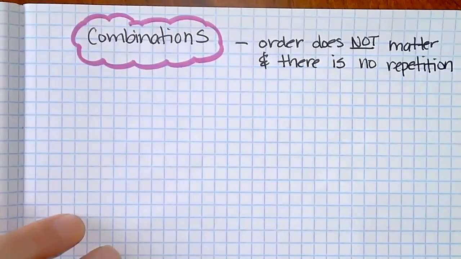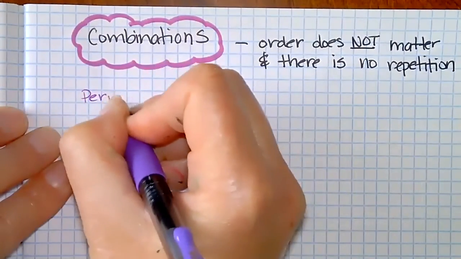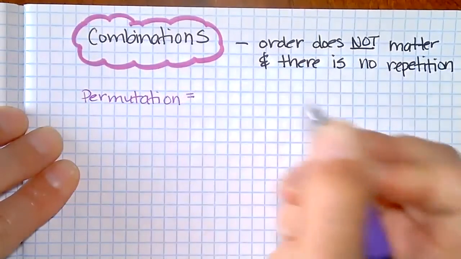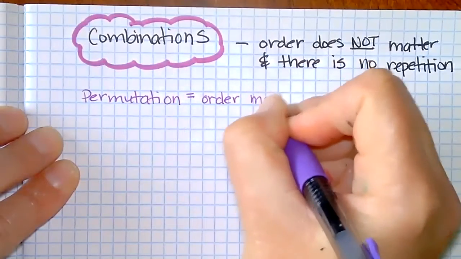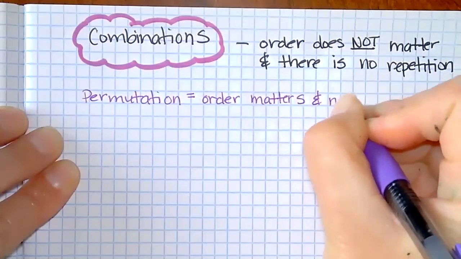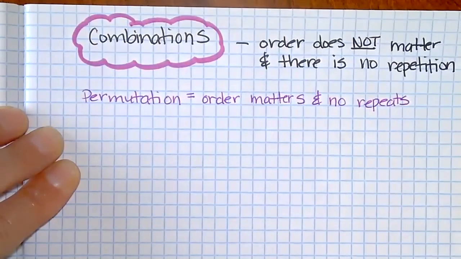Okay, so again, just a little reminder. Permutation: order matters, and no repeats. Those are the two main things you need. Order matters and no repeats.